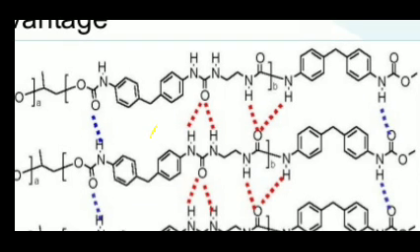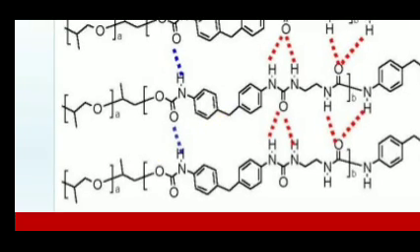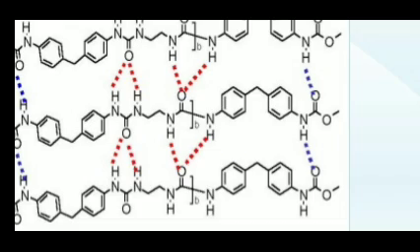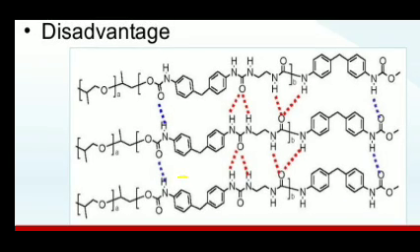So here oxygen-hydrogen bond, oxygen-hydrogen cross-linking bond. Here also oxygen-hydrogen bond. See here hydrogen, oxygen. These cross-linked intermolecular bonds form in elastomers. So this bond is a very strong bond. This bond is unbreakable by applying heat and pressure.